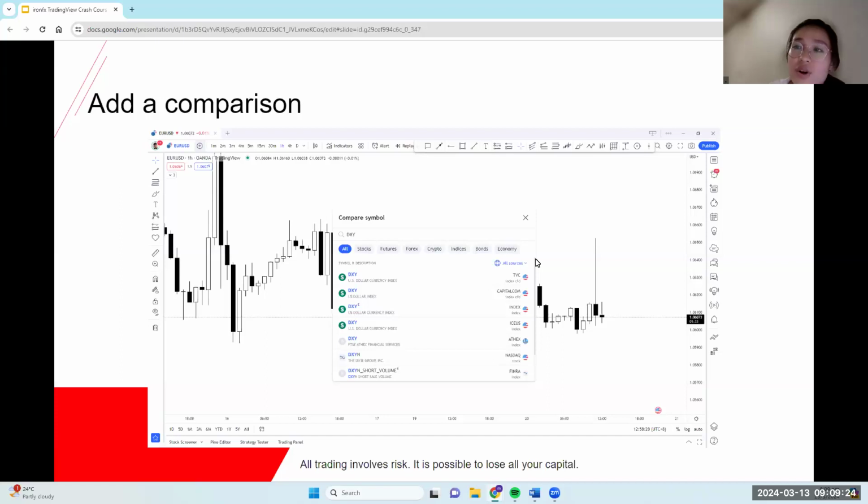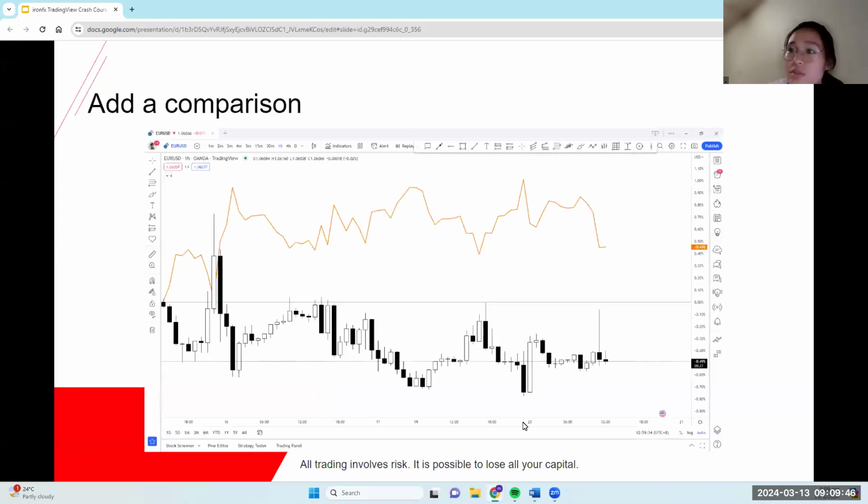This is really helpful for correlation. I'll talk a little bit about that later. But basically, for correlation, it allows you to analyze another similar stock or currency in relation to the one that you're looking at. So something like this.